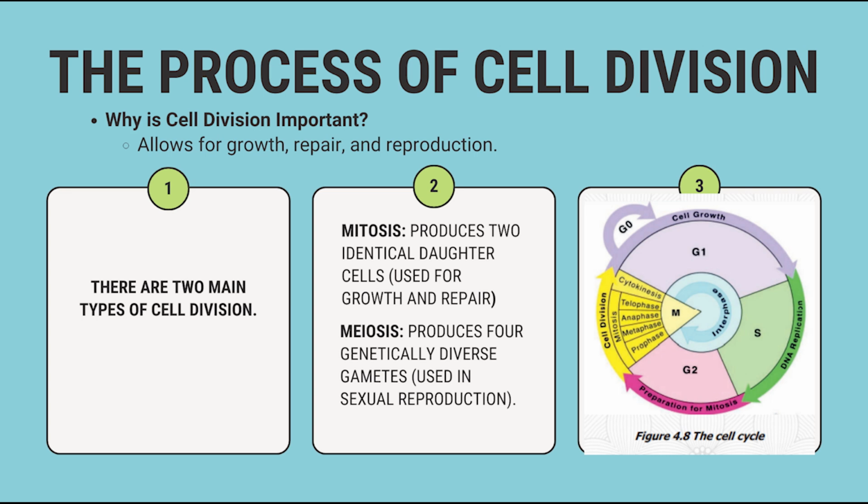Mitosis produces two identical daughter cells for growth and repair. Meiosis produces four genetically unique gametes for sexual reproduction. Figure 4.8 shows the cell cycle, highlighting how cells prepare for and undergo cell division.